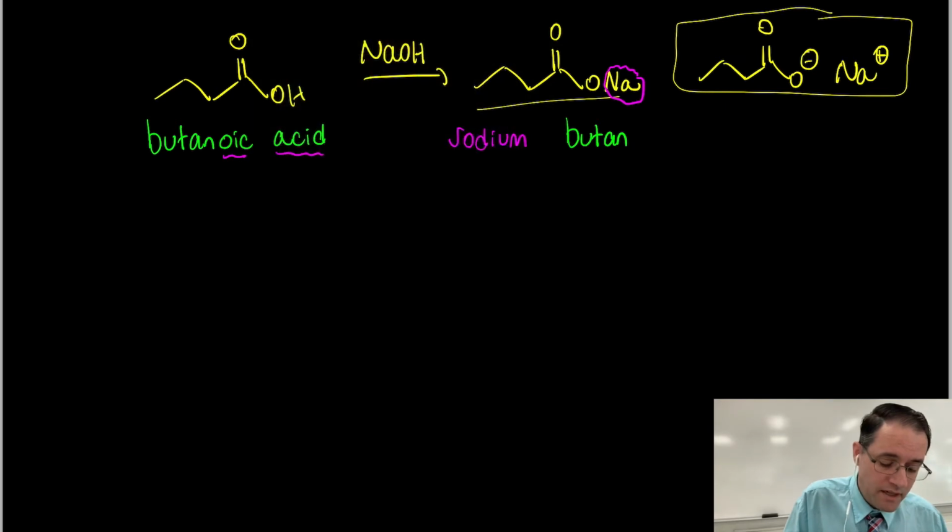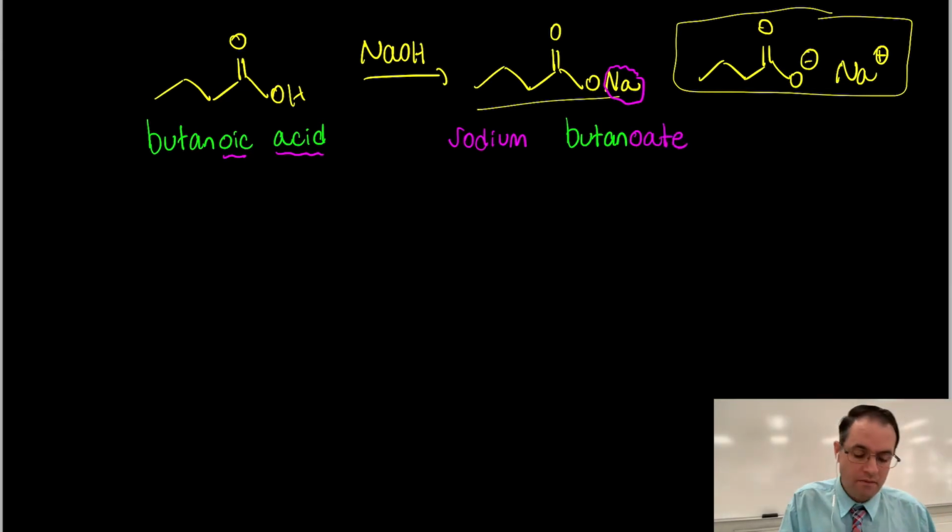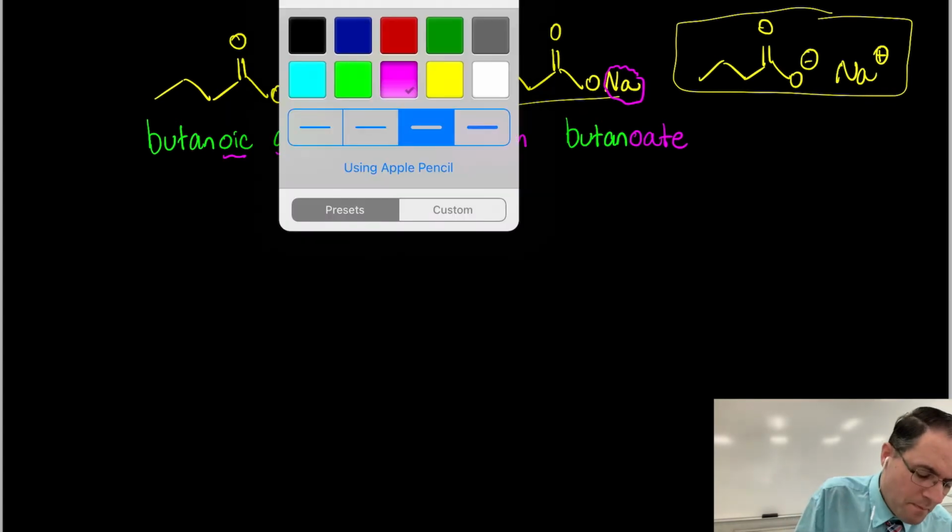And then we're going to add the ending -oate. Butanoate. Another example would be benzoic acid.